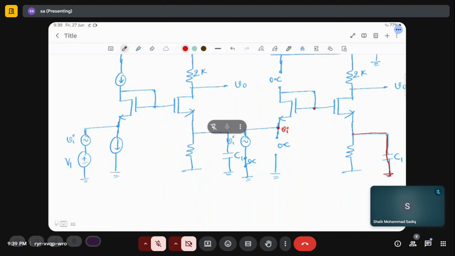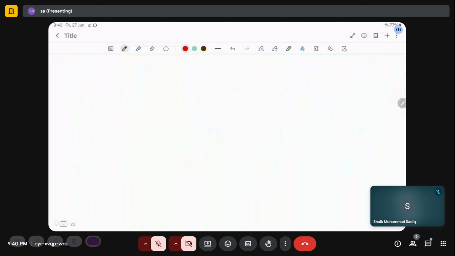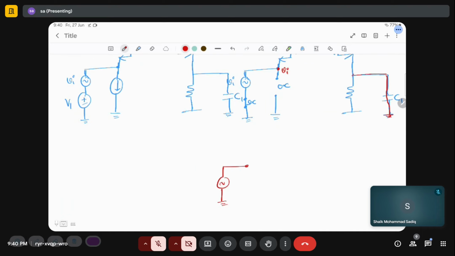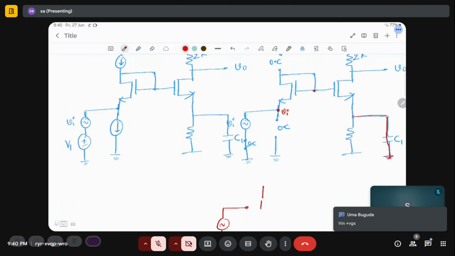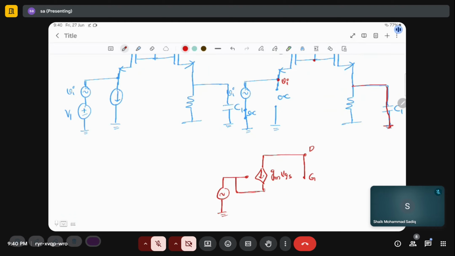Then VG is equal to... If you draw a small signal circuit, what is gm VGS here?